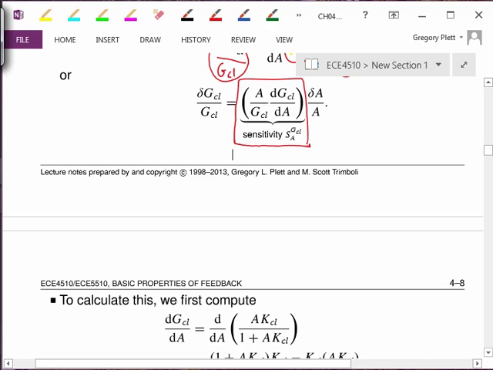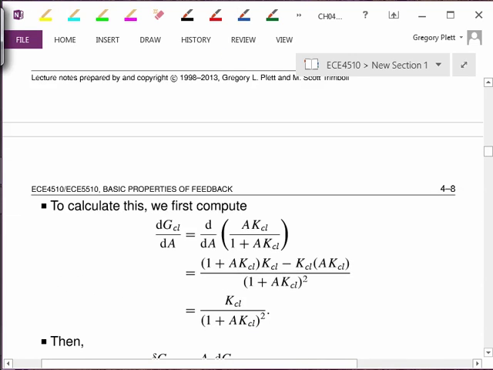So we can calculate this. I have to compute this derivative term, dG CL by dA, to do it. And I have an expression for G CL, so let's plug that in.